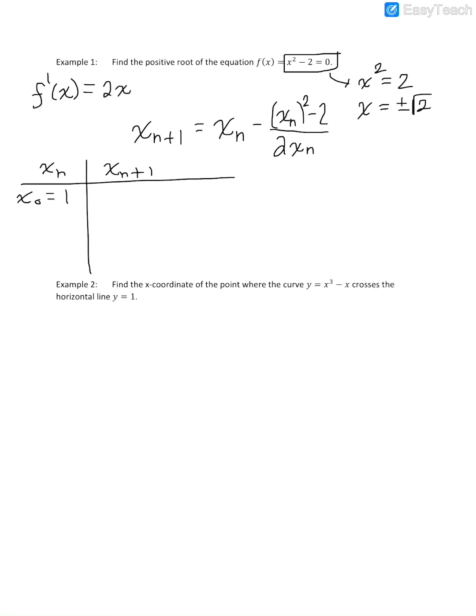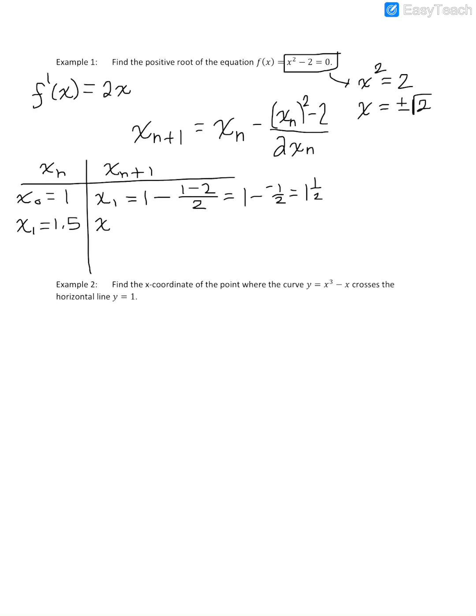Okay, so now I'm going to plug in 1 into this equation that I have. So my next guess, x sub 1, I'm plugging in 1 for all of my x sub n's. Okay, so I'm going to get 1 minus 1 squared, which is 1, minus 2, over 2 times 1, which is 2. So that's 1 minus negative 1/2, which is 1.5. Okay, so that's my x1, 1.5.